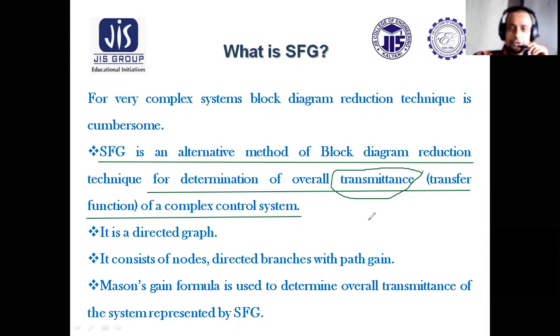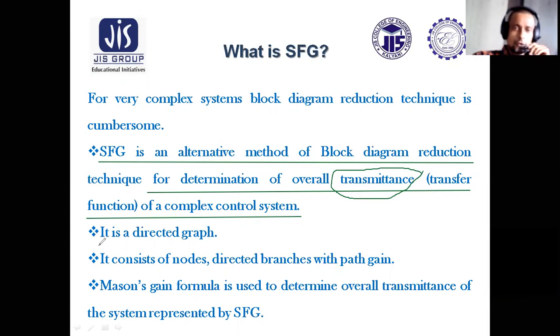Transmittance is nothing but the transfer function of a system. Most of the time we use transfer function, but in signal flow graph we use transmittance instead of transfer function. So both are the same. Somewhere it is called transfer function, and in SFG the transfer function is termed as transmittance.